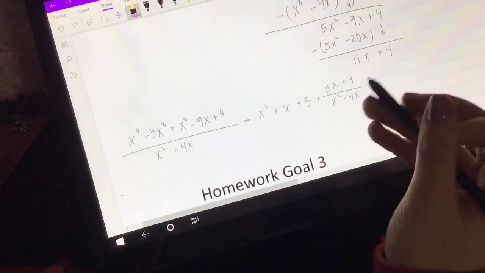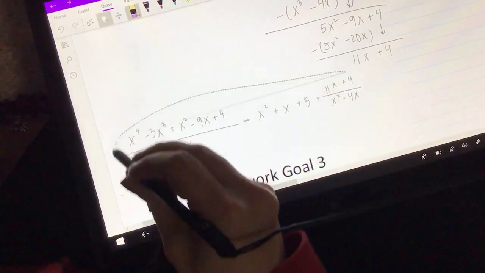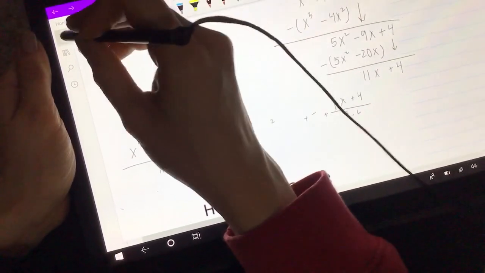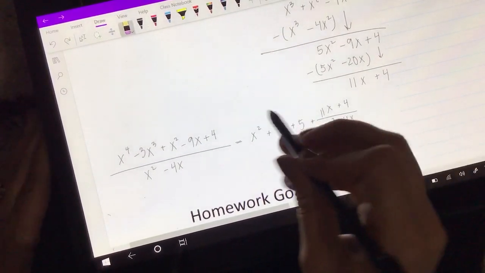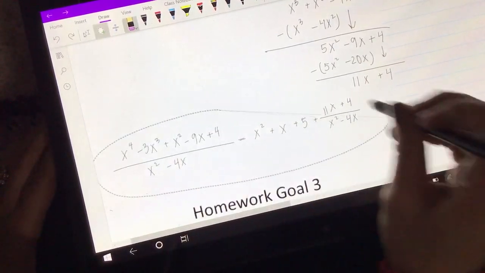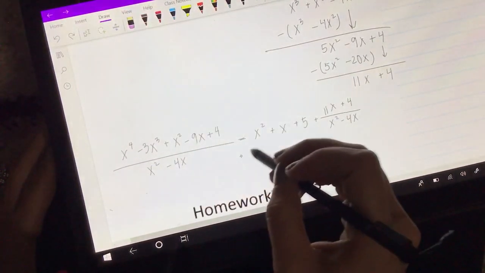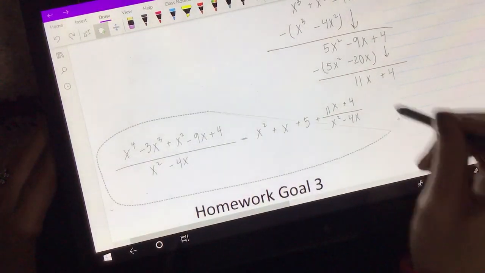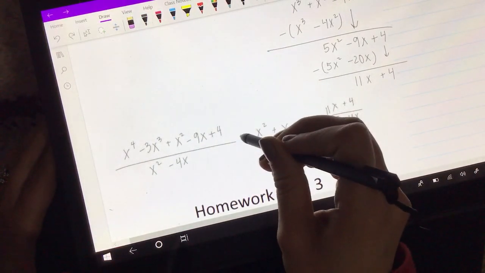Okay, let's move this over because we're running out of room here. I don't know why it always does this.